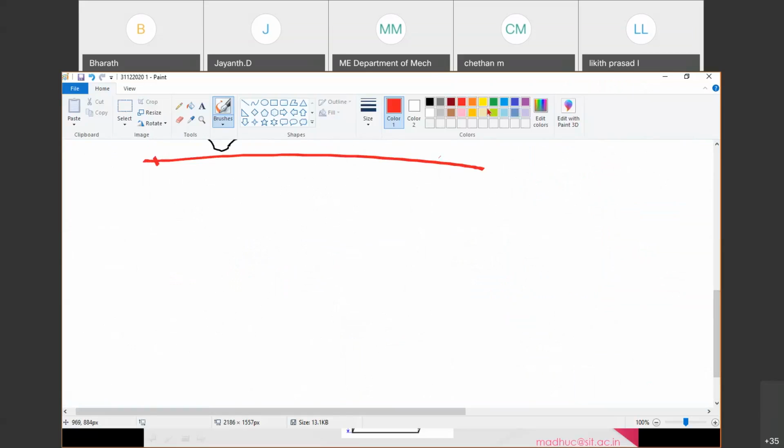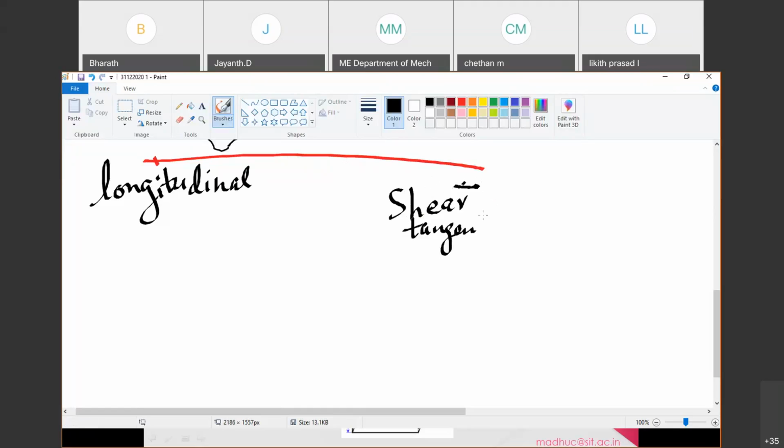I have longitudinal, then the second one is shear, which is sometimes also called tangential, and the last one is volume.